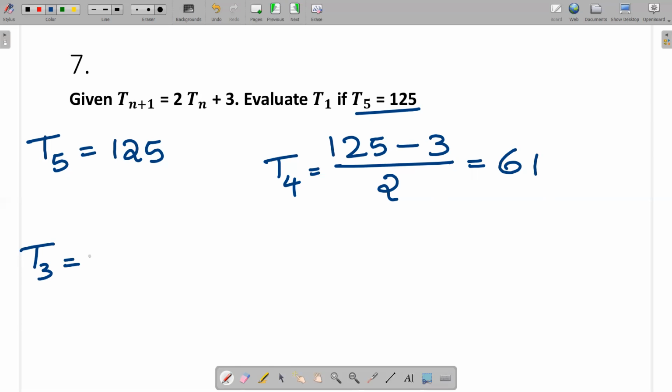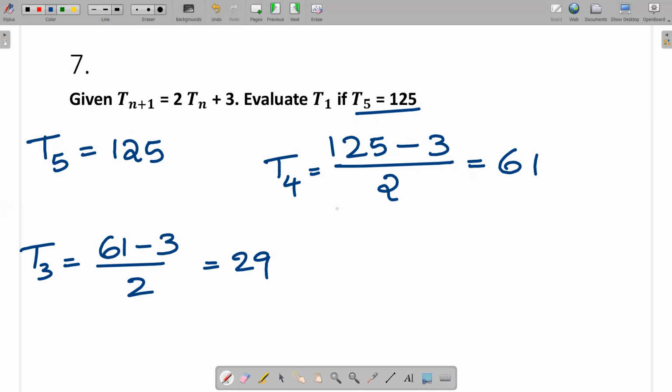To find T3, it's very simple. 61 minus 3 divided by 2. 61 minus 3 is equal to 58. 58 by 2 is equal to 29. If you want to verify this, you can do 2 times 29 plus 3, which gives you 61. 29 into 2 is 58, plus 3 is equal to 61.